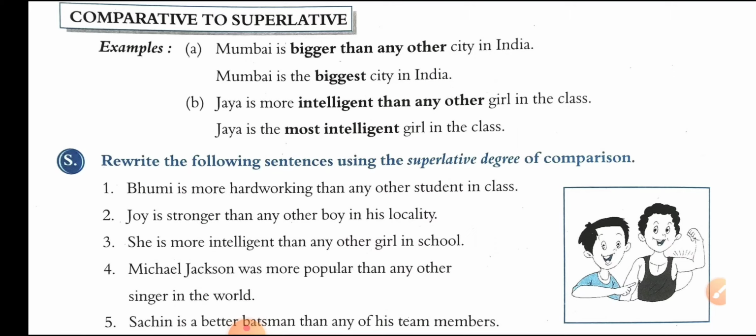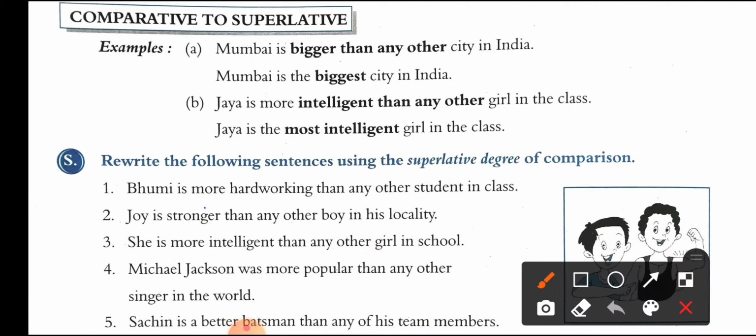So what you have to change here is "more." In the place of "more" you will write "the most hardworking," and then you have to erase the rest. Bhumi is the most hardworking student in the class. Clear? This is the formula.